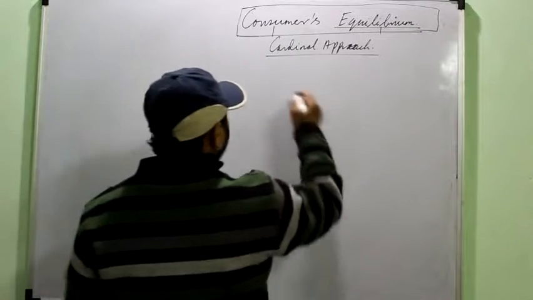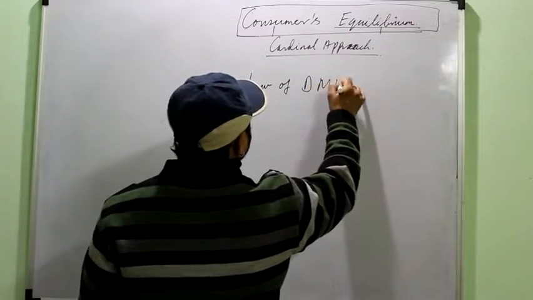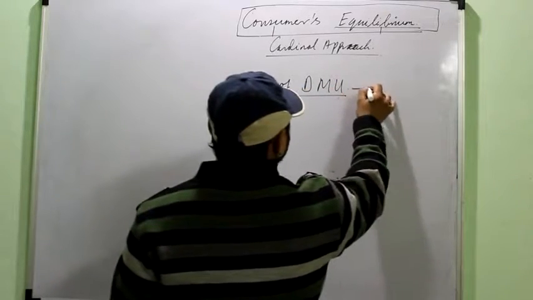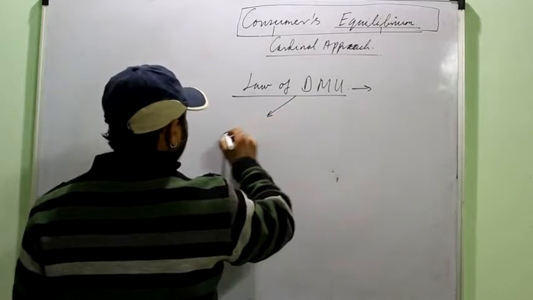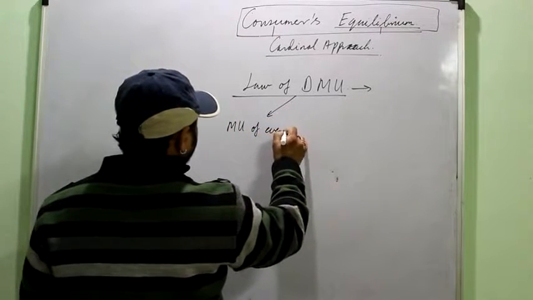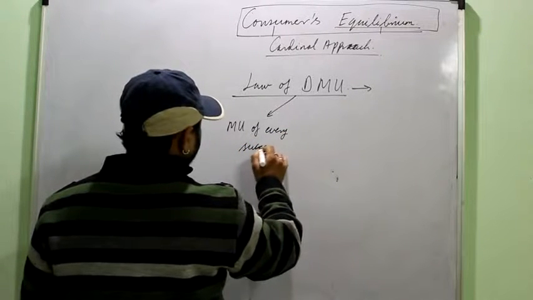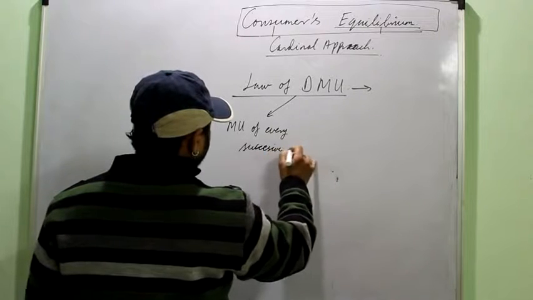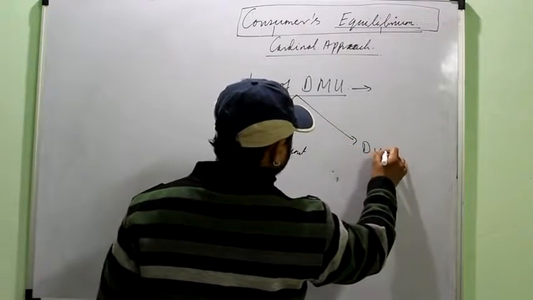This is according to the law of DMU, which says that as you consume more and more units, the marginal utility of every successive unit goes on diminishing.